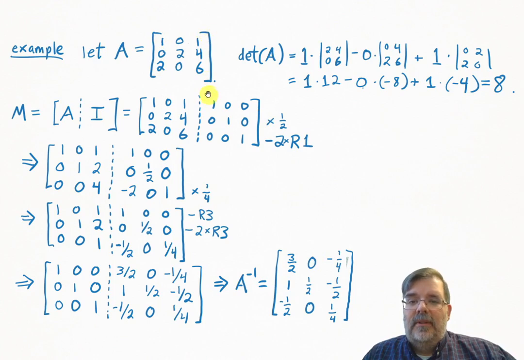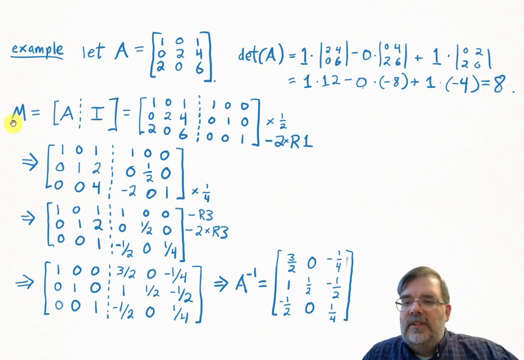So here's an example. The matrix A is 1, 0, 1, 0, 2, 4, 2, 0, 6. Now we can calculate the determinant of this matrix. And as it turns out, this matrix has determinant equal to 8, which is not 0, which means there is an inverse matrix. So we can proceed.